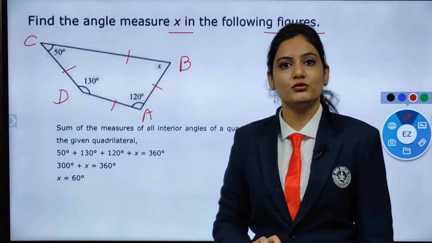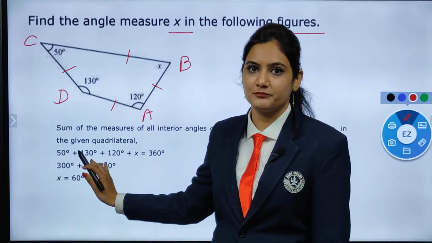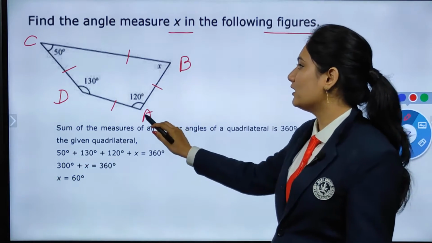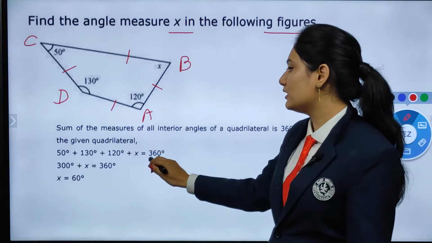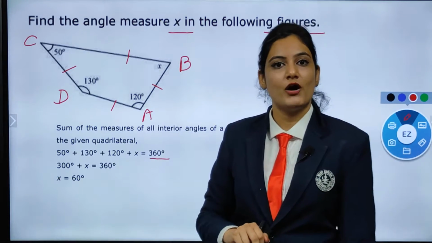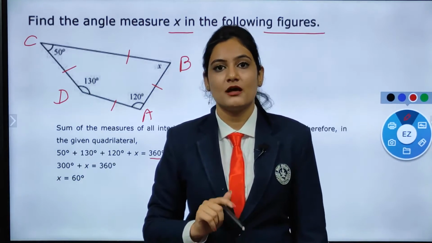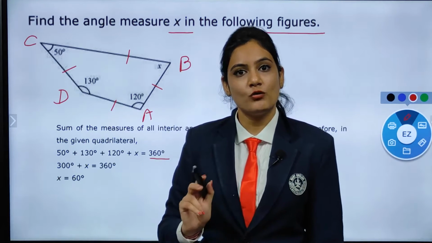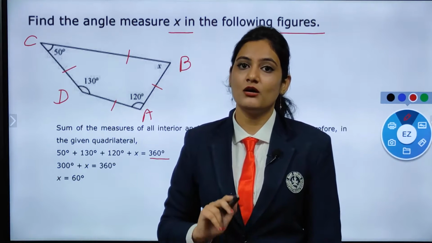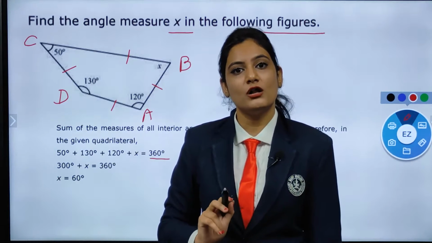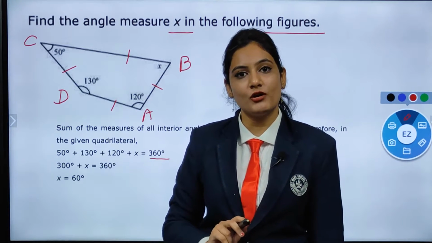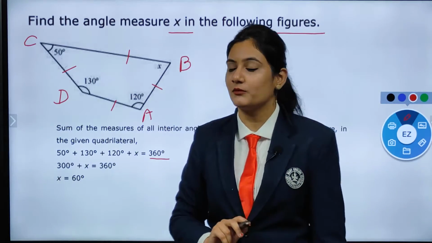So what you will do, you will add all the angles. If I add angle A, angle B, angle C and angle D, it will be equal to 360 degrees. Why? Because it is a quadrilateral, and the sum of all interior angles of a quadrilateral is 360 degrees.